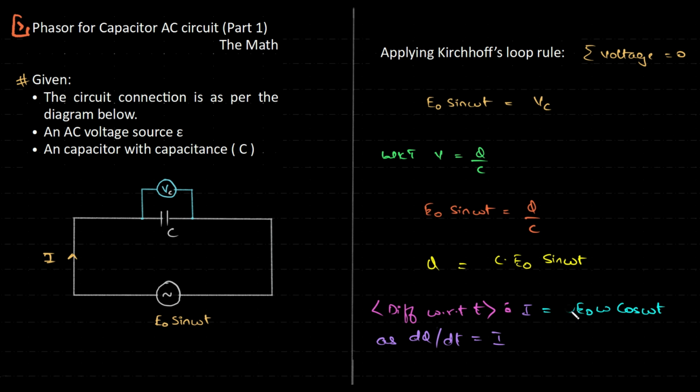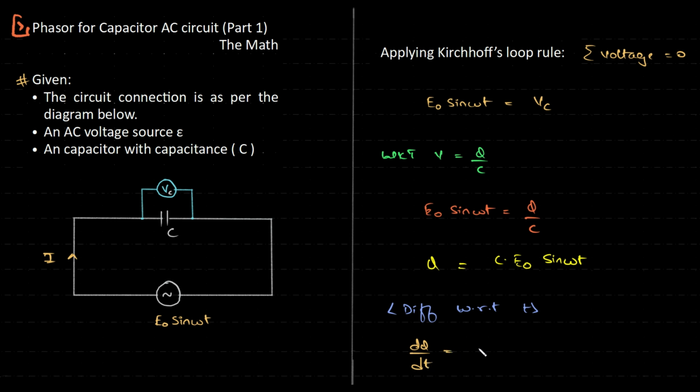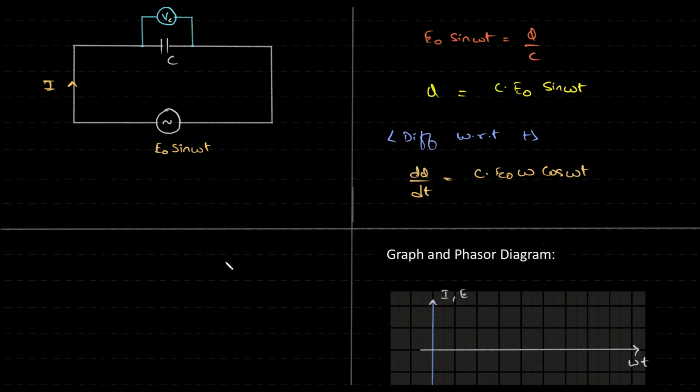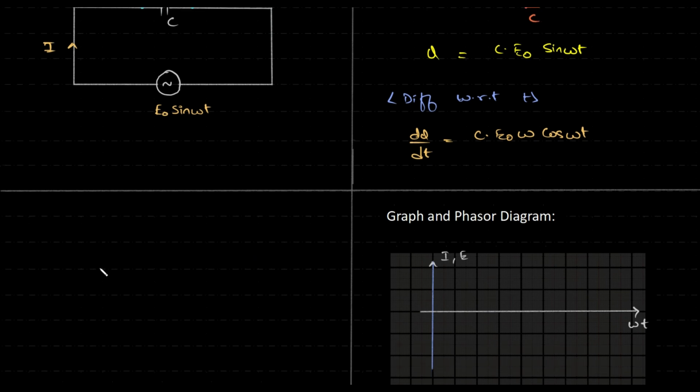Okay guys, so I can write this better. Just a second. Now, differentiating with respect to time, we end up with dq by dt, which is equal to C E naught omega cos omega t. But again, remember, we need to express in terms of sine over here, right?